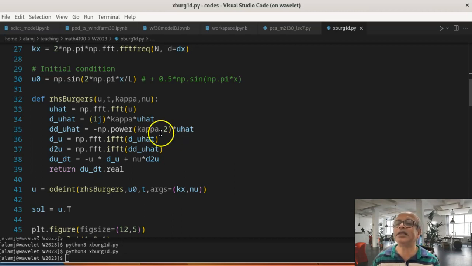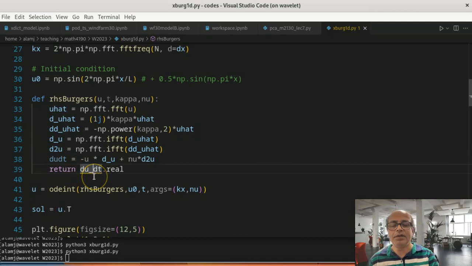On lines 36 and 37, I have the inverse Fourier transform for the first derivative, du, and on line 37 the inverse Fourier transform of the second derivative, which is d2u. Then I have written du dt, or I can just write du dt like that.